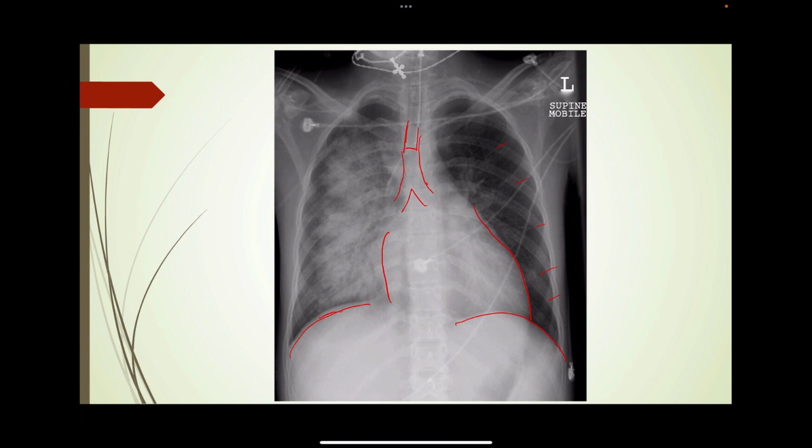You can see lung markings all the way out on the right side too, but you can also see a lot of fluffiness in there. This looks like it may be a contusion. Again, I don't have this patient's history. You can also see a line coming right here. Let me clear those markings out first.